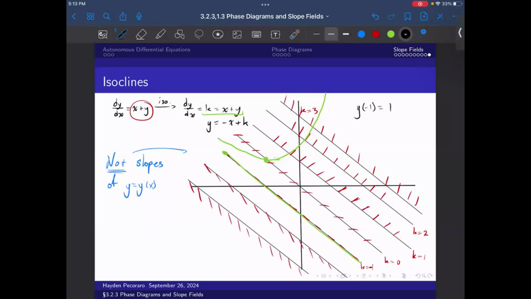And so actually, if I had a different initial condition right here, maybe y of -2.5 equals 1, then I would have an initial condition that's saying this point right here has to be on the graph, and so I should follow the curves down like that.